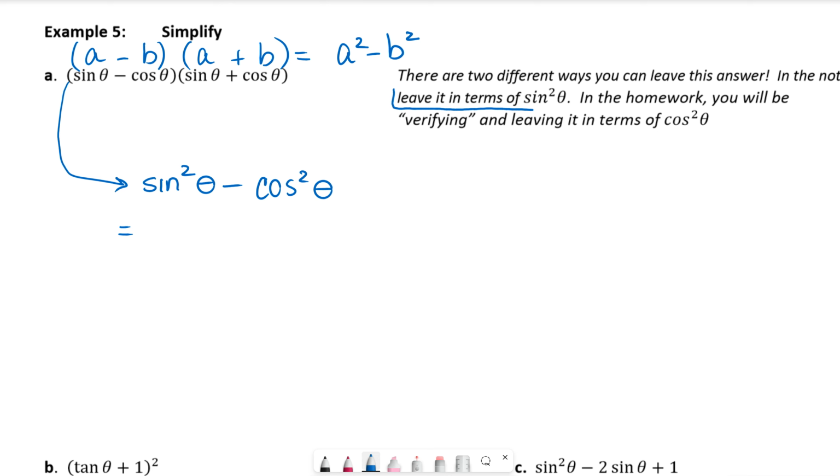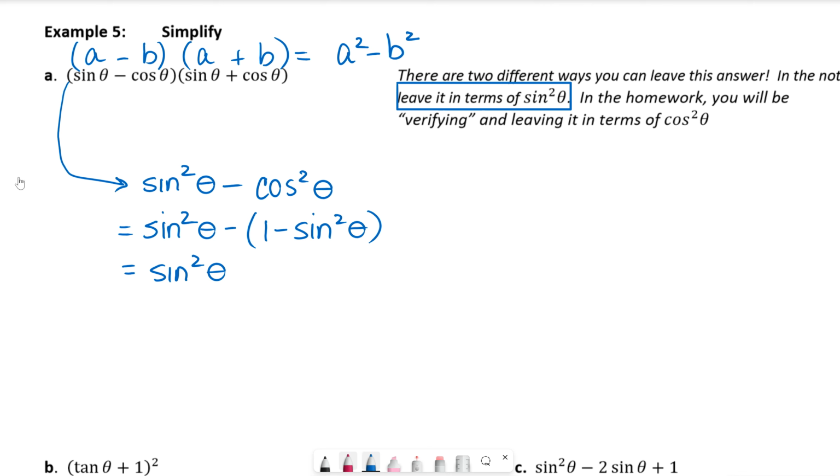Now, they did tell us in this problem to leave it in terms of sine squared. So they do not want anything other than sine squared in our final answer. So we can remedy that by bringing down the sine squared, because that's acceptable. Bring down the minus and replacing cosine squared with 1 minus sine squared. Again, that's a trig identity. And now I'm just going to get rid of my parentheses by distributing this -1, okay, so that I can combine my like terms.